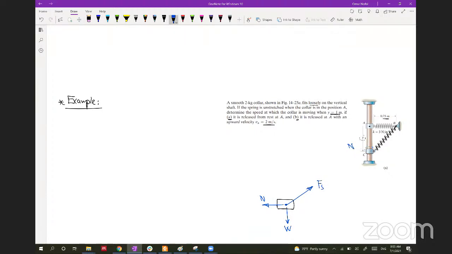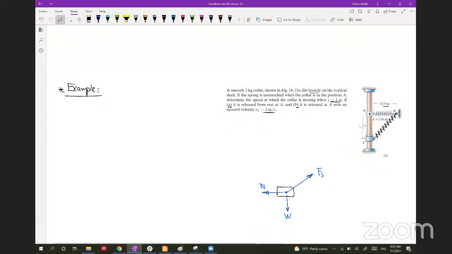All right, this is the free body diagram, and this is the kinetic diagram. Second, you put the x-axis and the y-axis, and assume that all the motion, as we can see, is in the y direction.